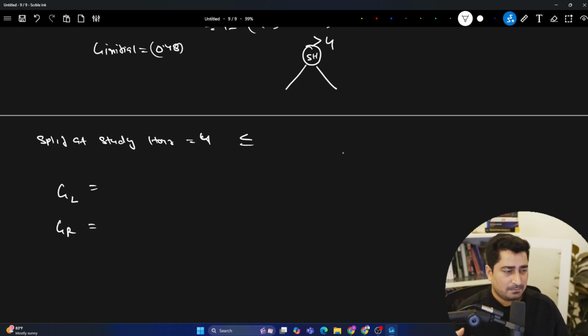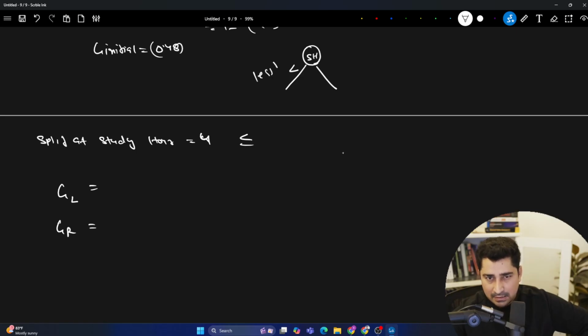For simplicity, if I'm doing left and right, I can write it in this way: whatever data is lesser than 4 will be on the left, and more than 4 will come this side.